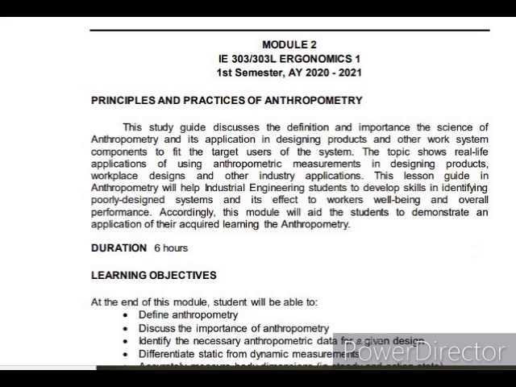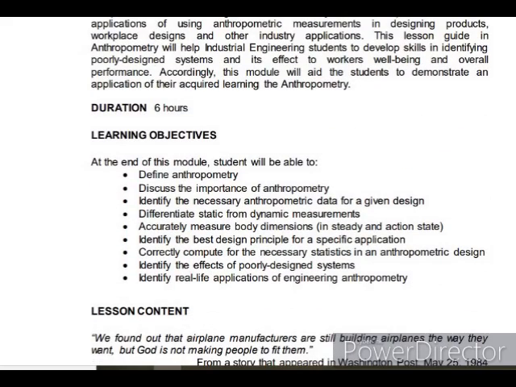Okay, so let's go to the duration and the learning objectives. The duration of this module is 6 hours.